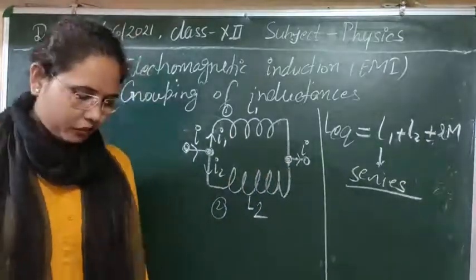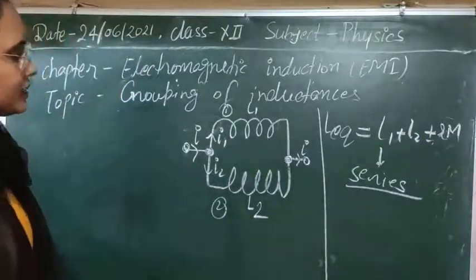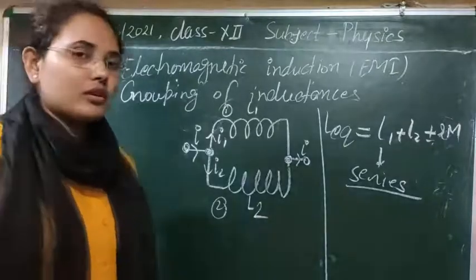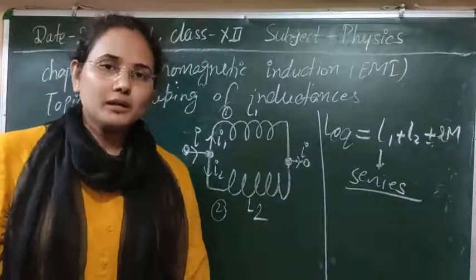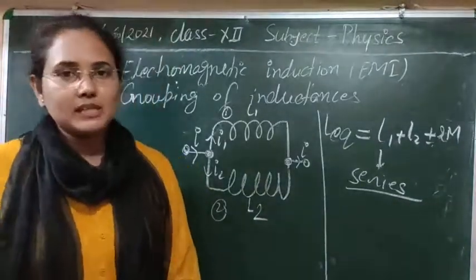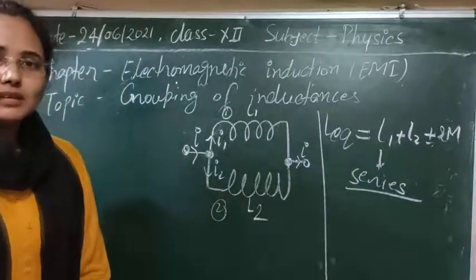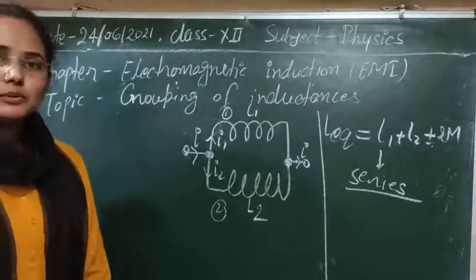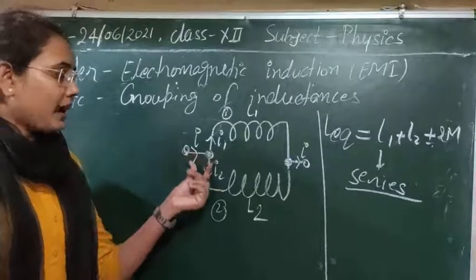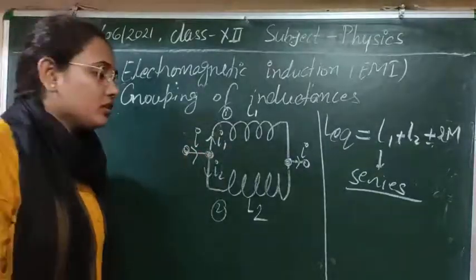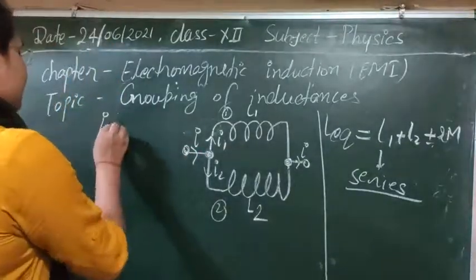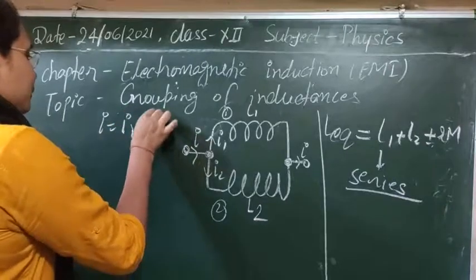Now let's see what the induced EMF will be in this case. First, you have to recall the property of circuits in parallel and series combination. As in series combination the potential is distributed, in parallel the current is distributed. So this current I can be written as I1 plus I2.